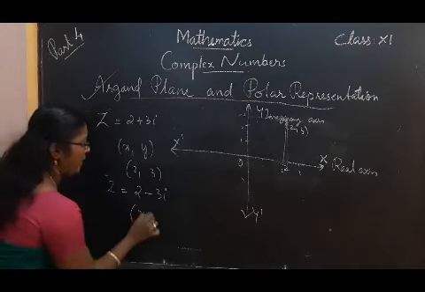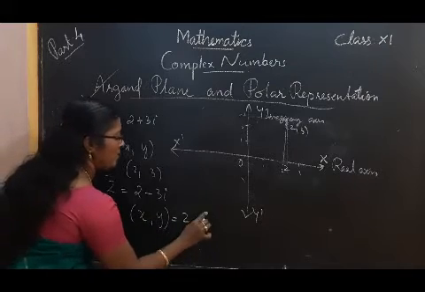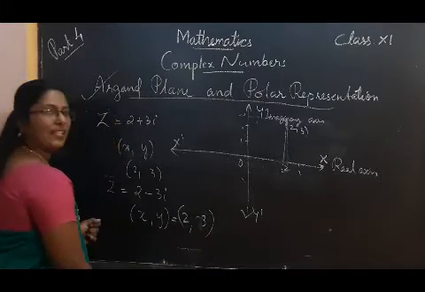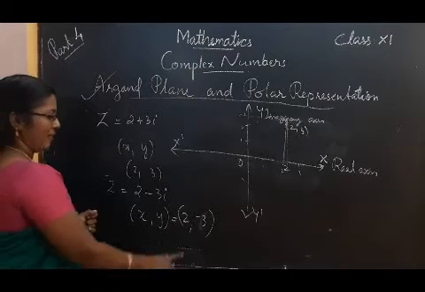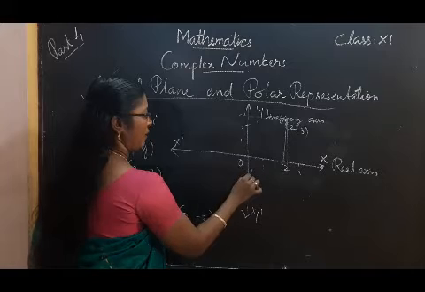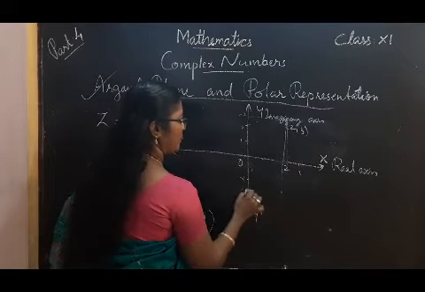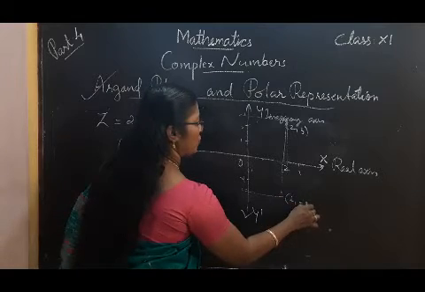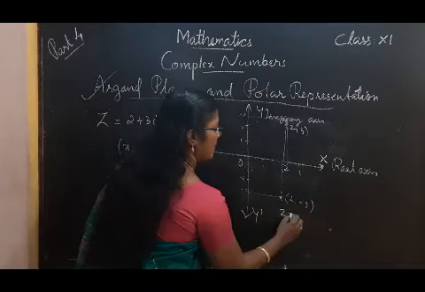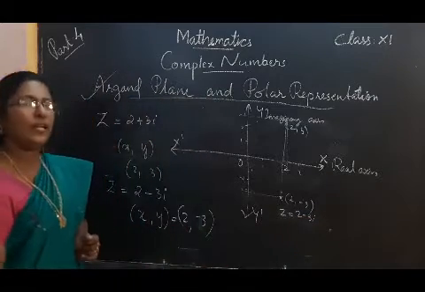The x coordinate is 2 and y is minus 3. So z equals 2 minus 3i is the point (2, minus 3).